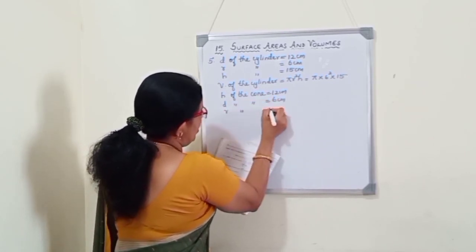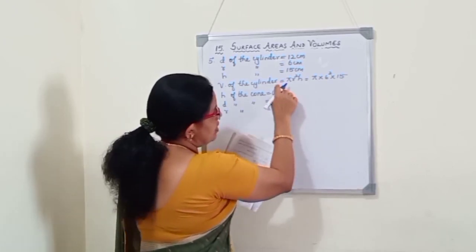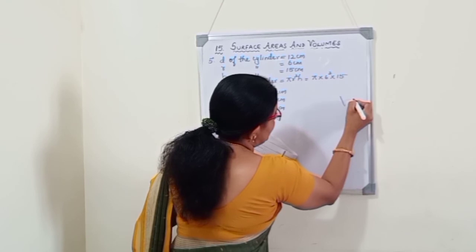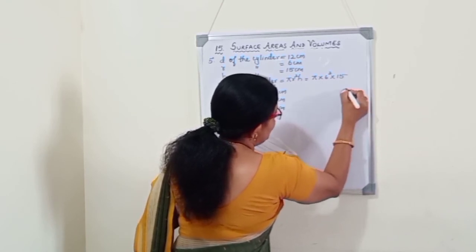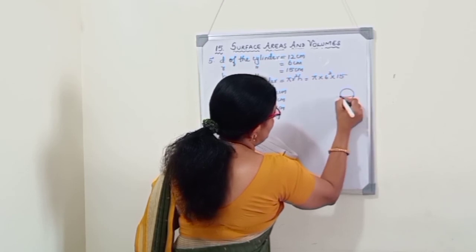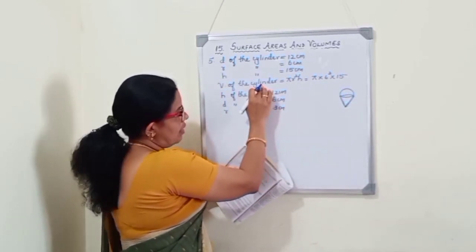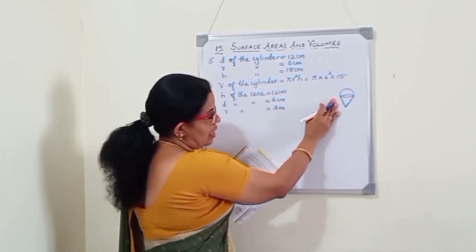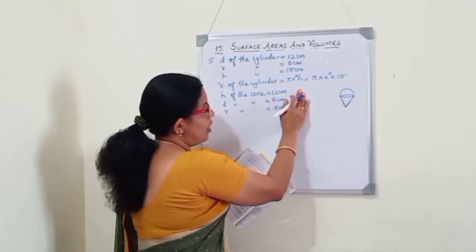Radius of the cone again 3 cm. So from the cylinder they are filling the ice cream in a container which is conical in shape, with the top part hemispherical in shape. So this is the shape of the container in which they are pouring the ice cream from the cylinder. So how many such cones are required to fill this ice cream?